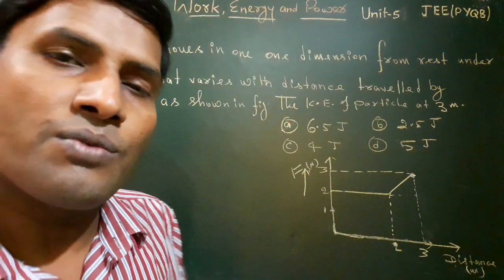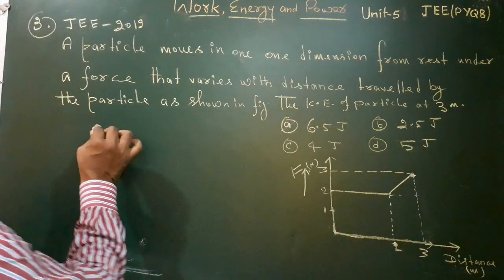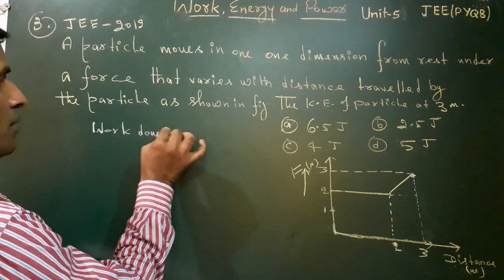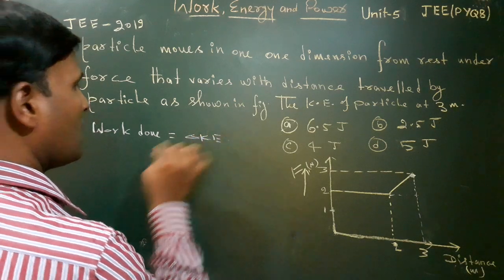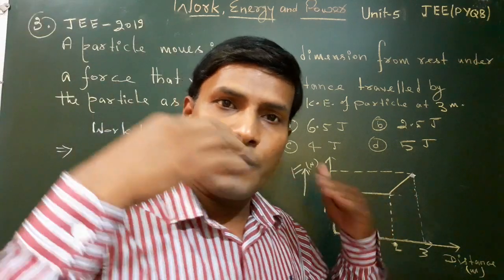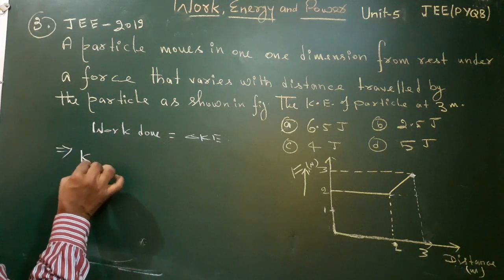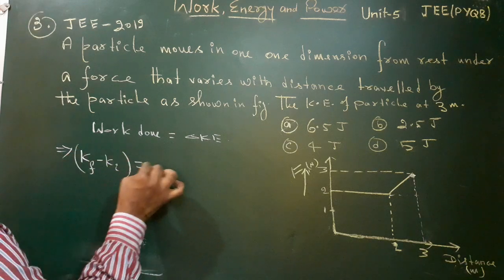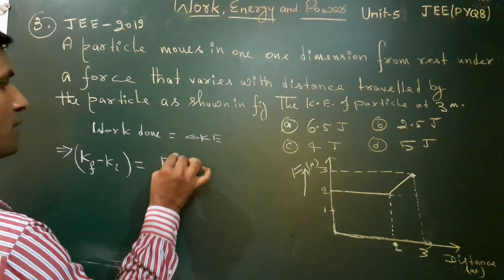So we can apply the work energy theorem here: work done by forces is equal to delta KE. Here the initial speed is 0, so Kf minus Ki is equal to the work done, and the work done you can write as integral of F dx.